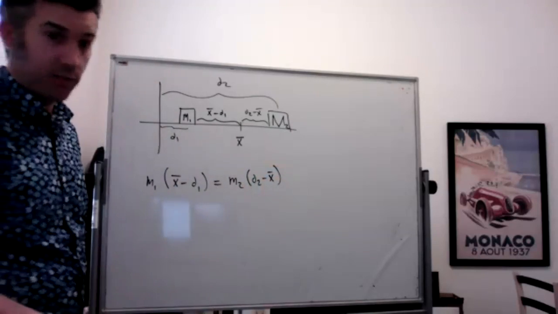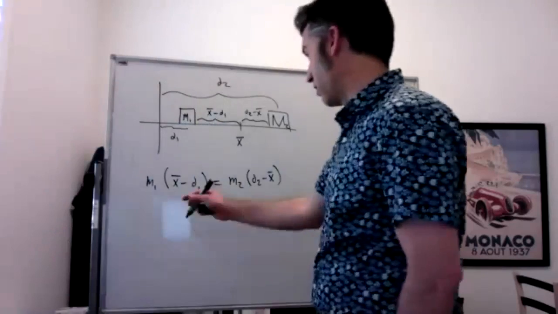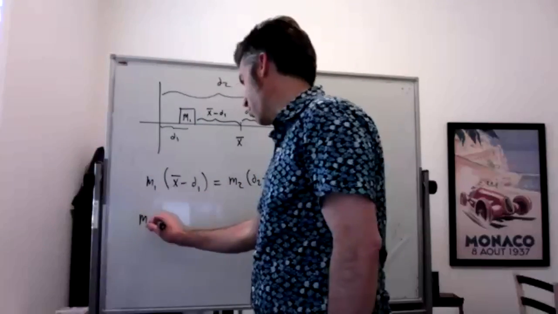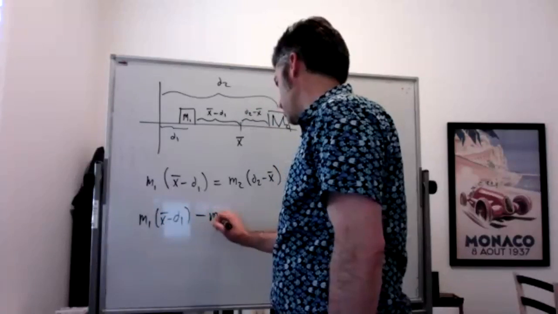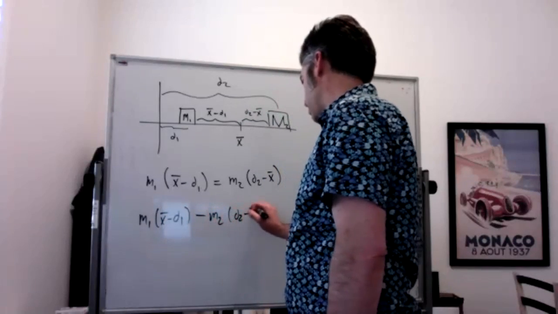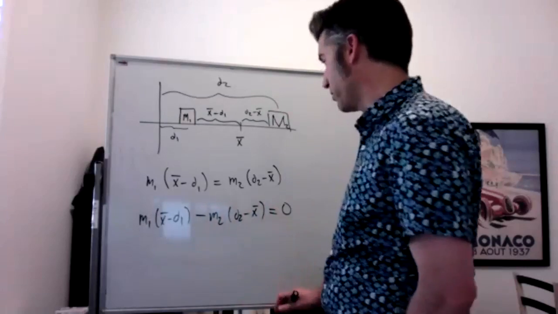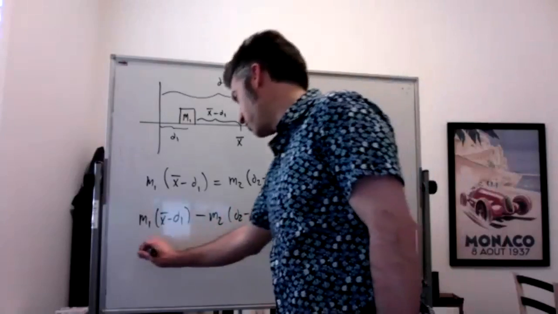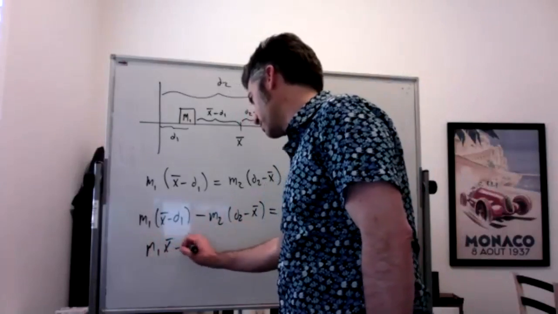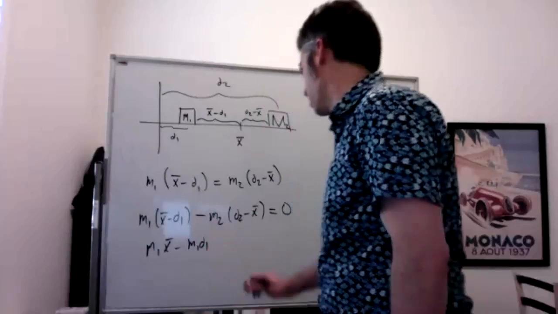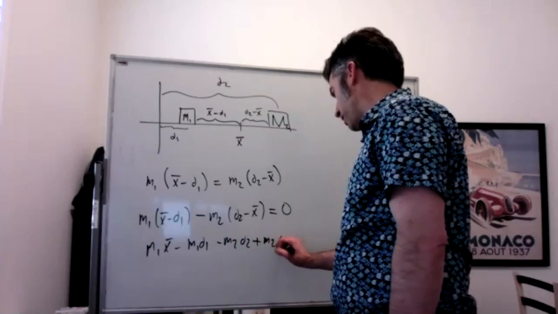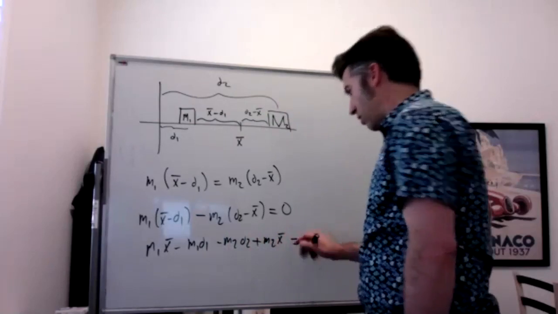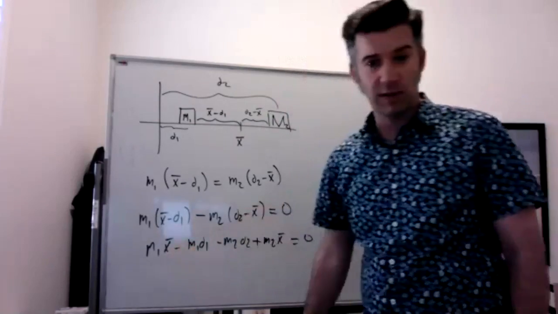Let's solve for x bar. So bring everything to the left. M1 times x bar minus D1 minus M2 times D2 minus x bar equals 0. Multiply it out: M1 x bar minus M1 D1 minus M2 D2 plus M2 x bar equals 0. Keep the x bars on this side.